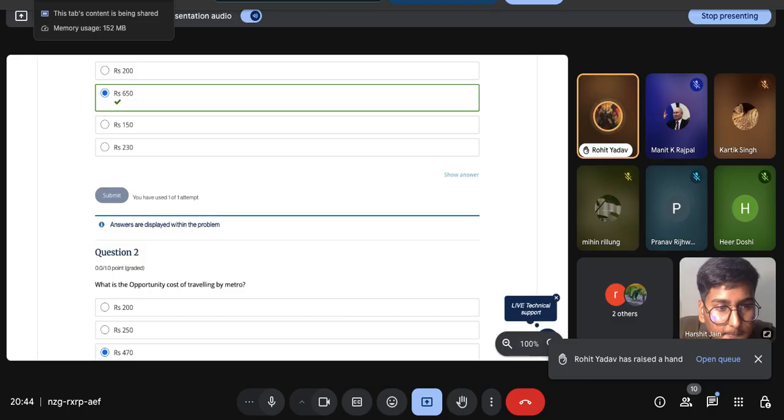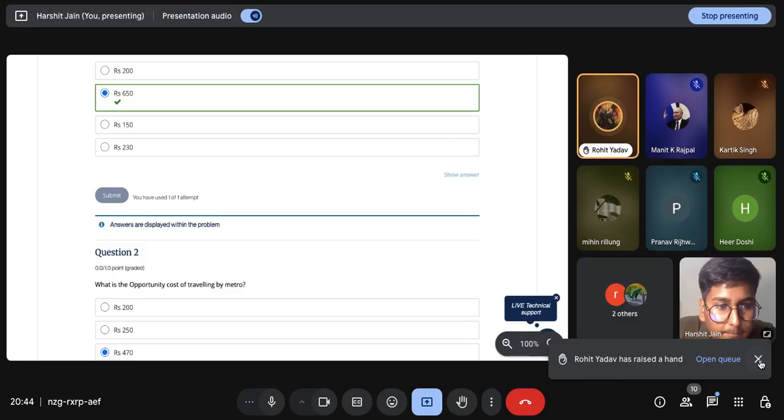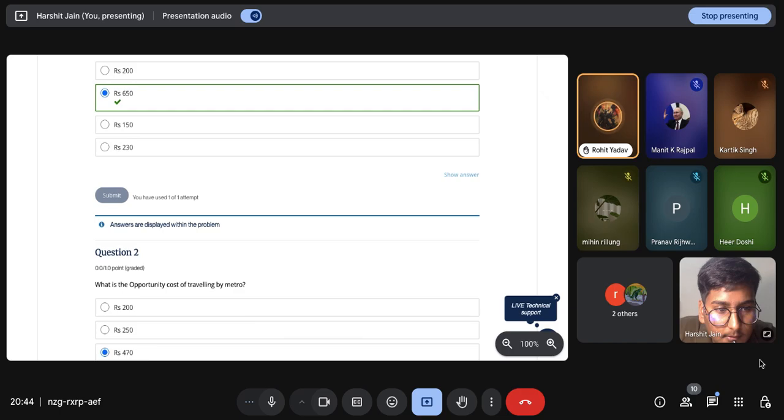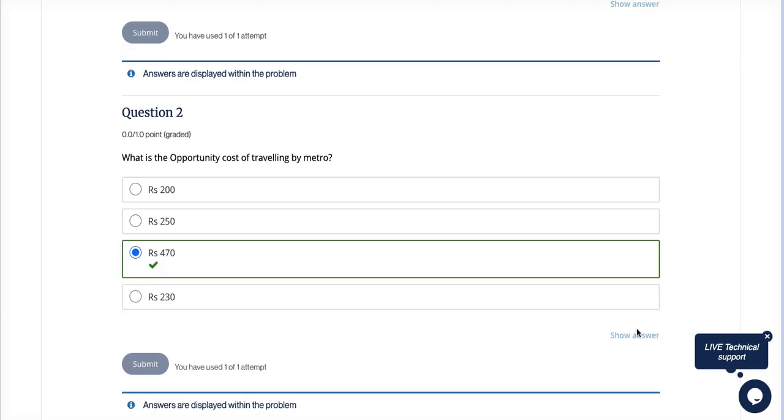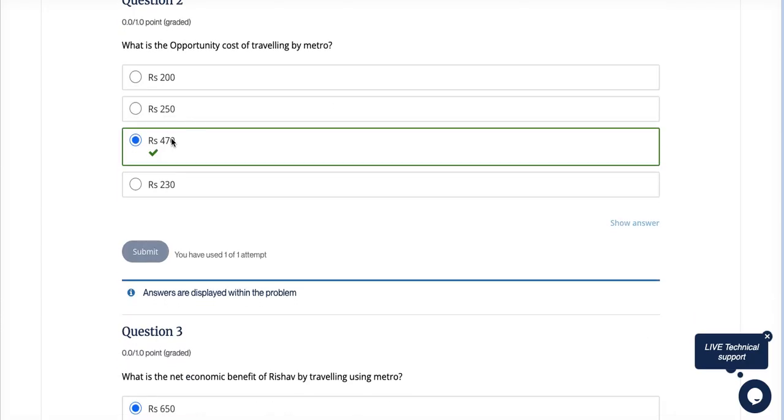So 700 minus 200 is 500, and then he would have to spend 30 rupees as well. So the opportunity cost is 470. Yes, it was 470.